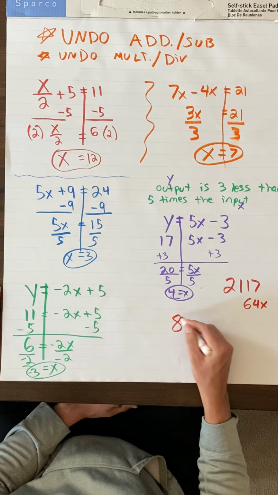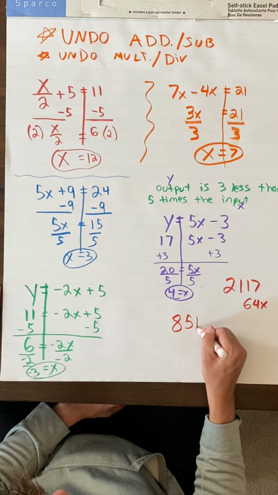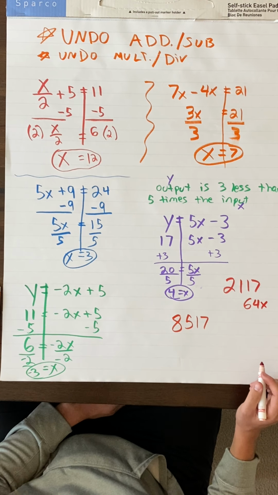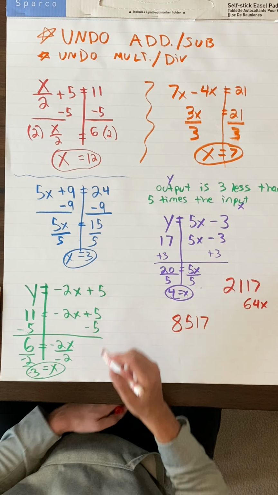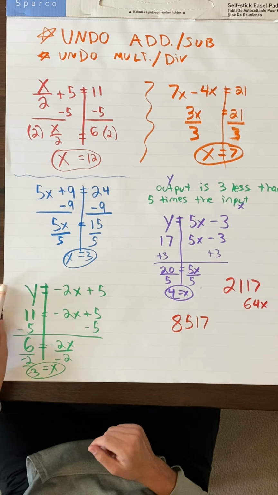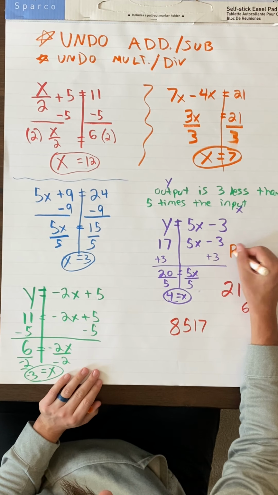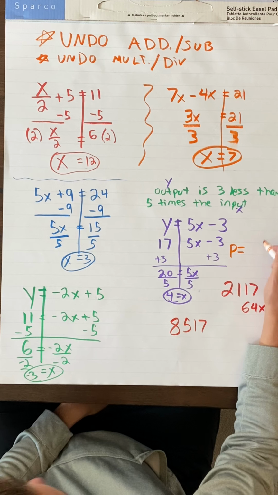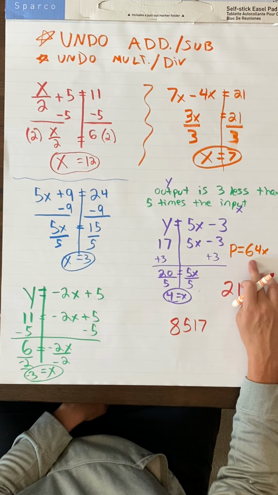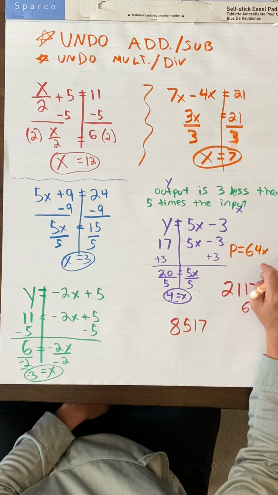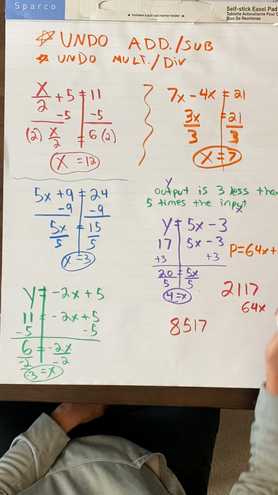Find the depth at which the diver experiences a pressure of 8,517 pounds. So we want to know when it's going to be 8,517. An equation for this would be the pressure would be 64 times the number of feet, because it's going to increase by 64 pounds per foot, plus 2117.